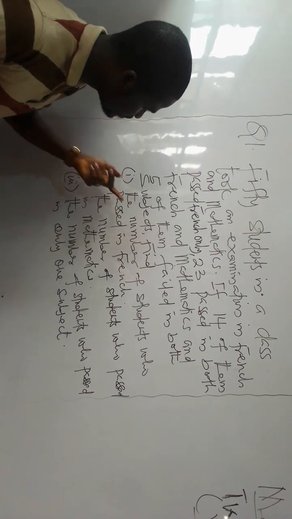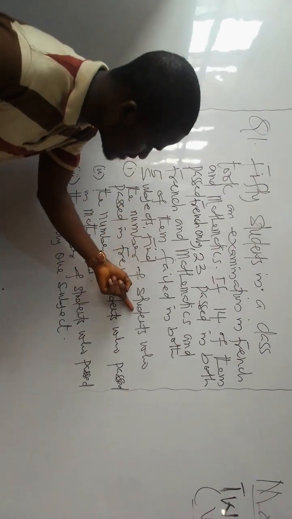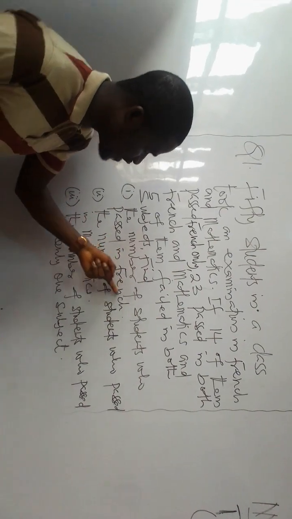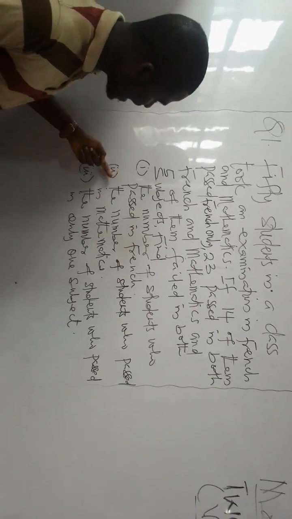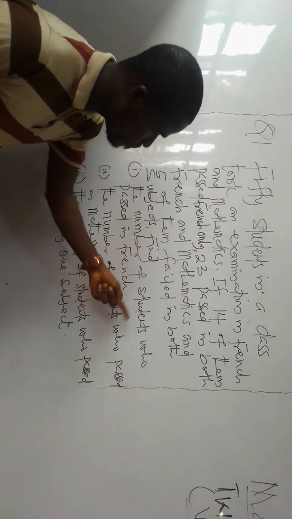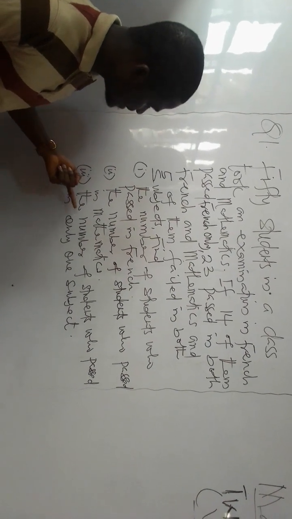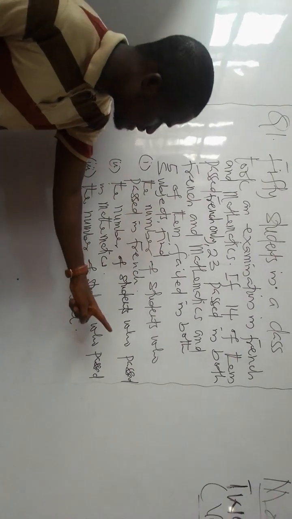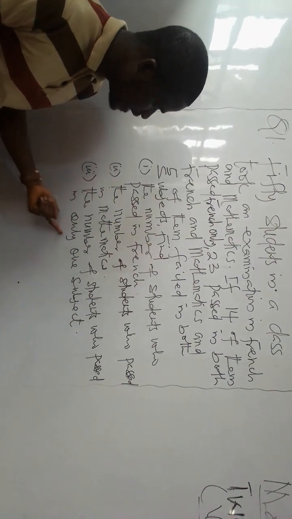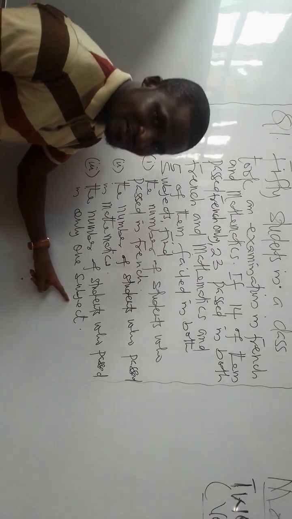Find (i) the number of students who passed in French, (ii) the number of students who passed in mathematics, (iii) the number of students who passed in only one subject.